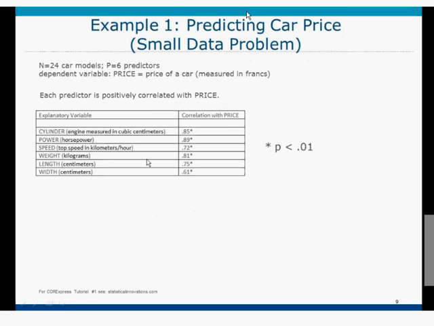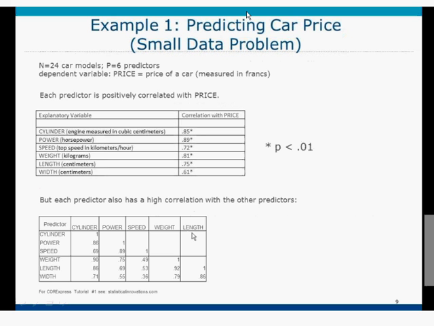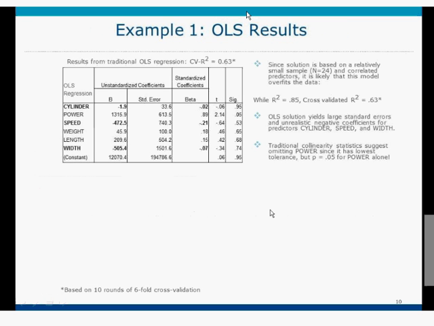Now notice that each of these predictors is highly correlated with price, positively correlated. They're all significant. But each predictor is also highly correlated with the other predictors. Okay, so what happens? Now, if we estimate least squares regression with these data, we get an r squared of 0.85, which suggests quite good prediction.